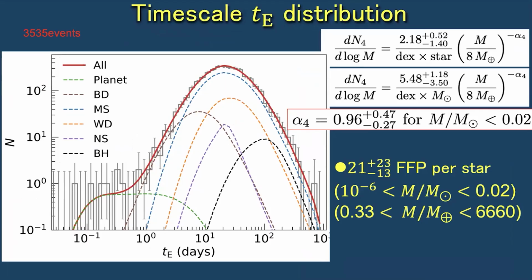And then this green curve is the contribution from this the power law mass function for the planetary mass object. So from this result, we estimated the number of the FFP is about 20 times than the star, assuming if there is the mass function extending to down to the 0.3 Earth mass.